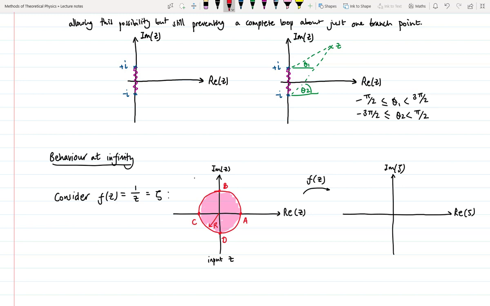Our circle of radius r on the left-hand side is going to be mapped to a circle of radius 1 over r on the right-hand side. And the pink shaded region on the left-hand side is now going to be mapped to the region outside the circle on the right-hand side, which I'll shade.